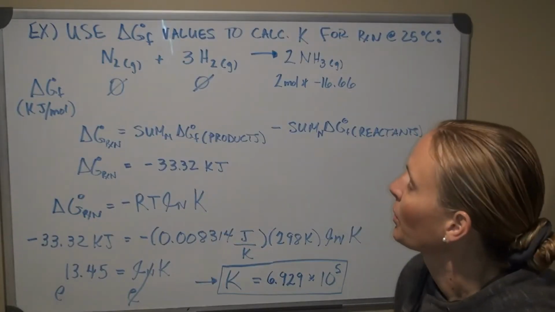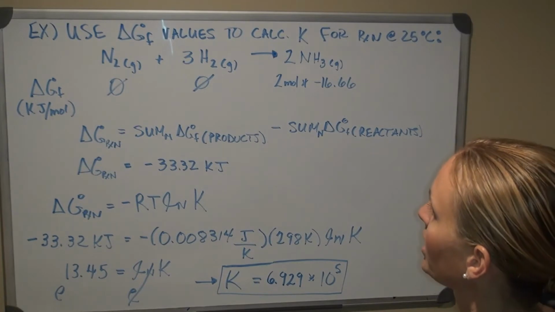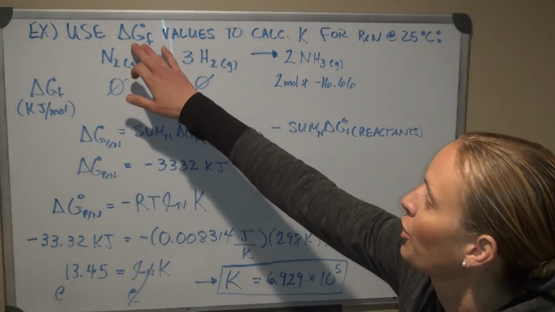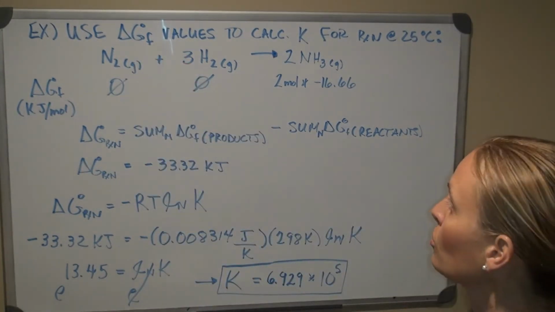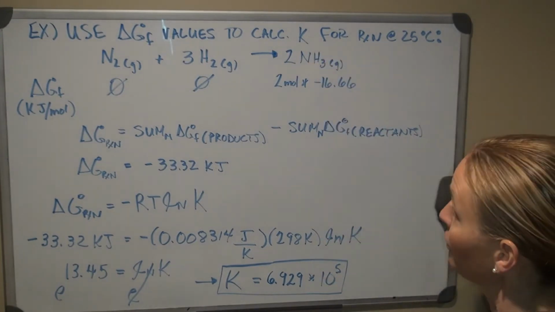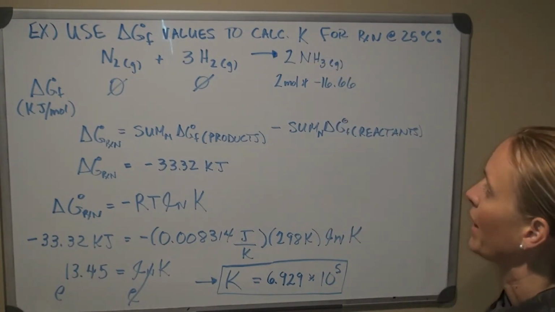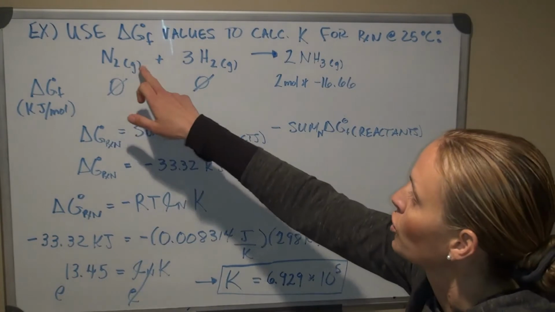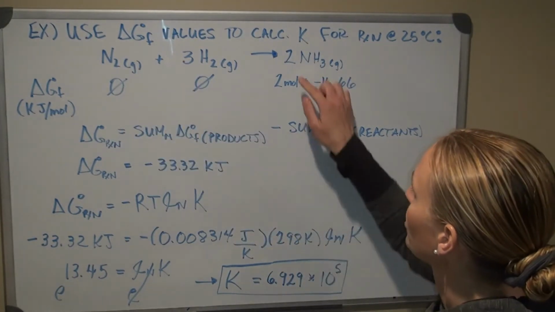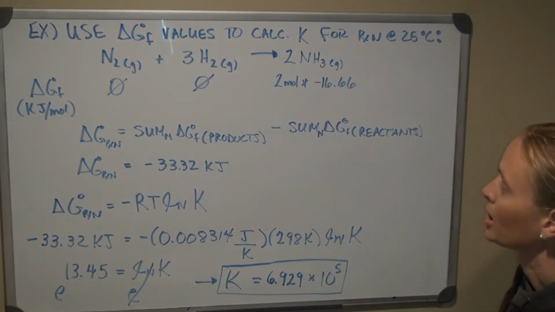Okay, the first example we're going to take a look at is a question that says we're going to use the enthalpy of formation values in order to calculate K for the specific reaction at 25 degrees C. So we have N2 gas plus 3H2 gas goes to 2 ammonia gas molecules.